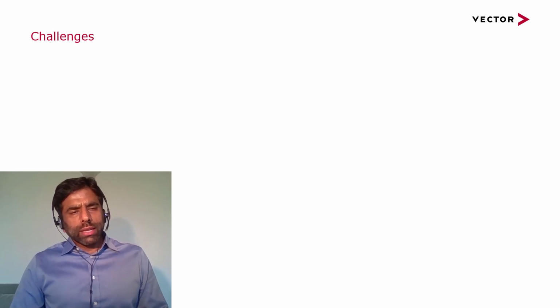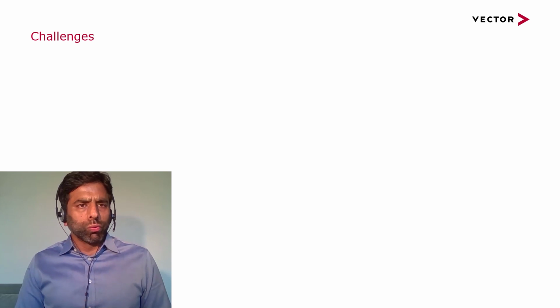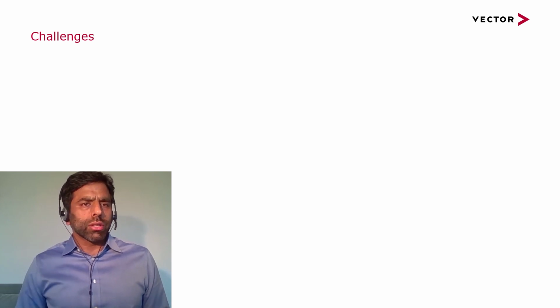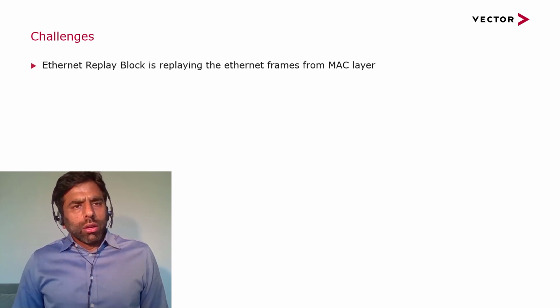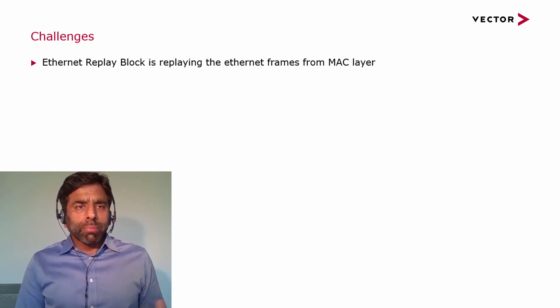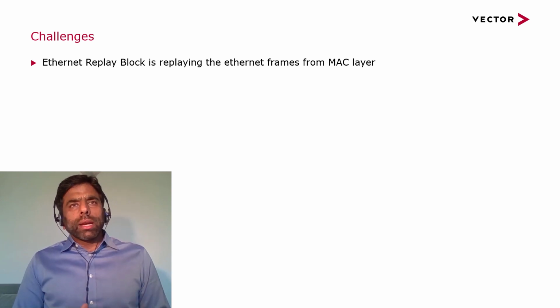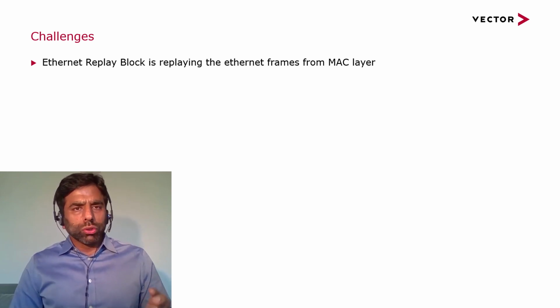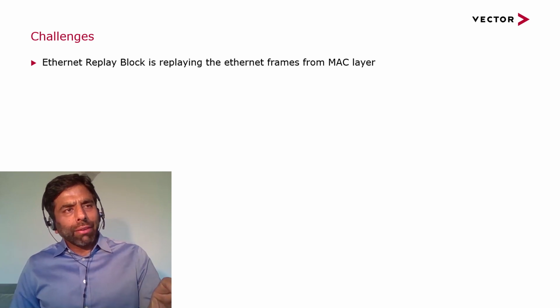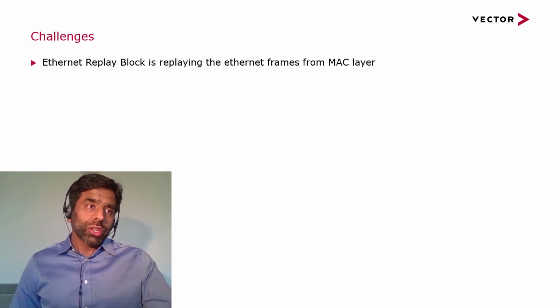Now, let's have a look at some of the challenges one would face working in this domain. First of all, from the replay point of view, the simple option available is the replay block. But that replay is done on the MAC layer, on layer 2. So you wouldn't have any control over how and when you would be transmitting this data.